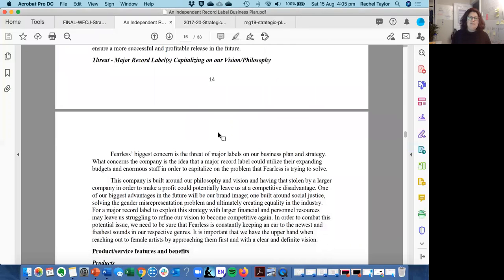So again, I'll let you have a look at that, do your own review and analysis around whether you think he's on the money, and then how you might start to think about any venture that you're looking at or any organization that you would like to work for. What might you see as their strengths, weaknesses, opportunities and threats, and particularly how it relates to their overall mission and guiding principles.